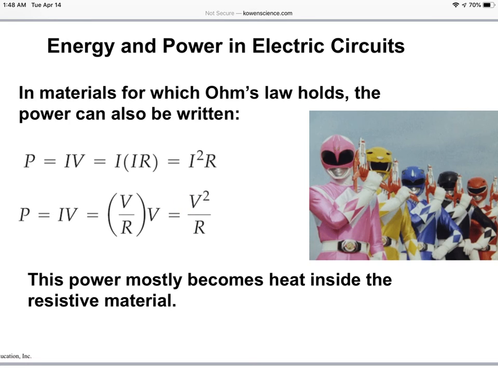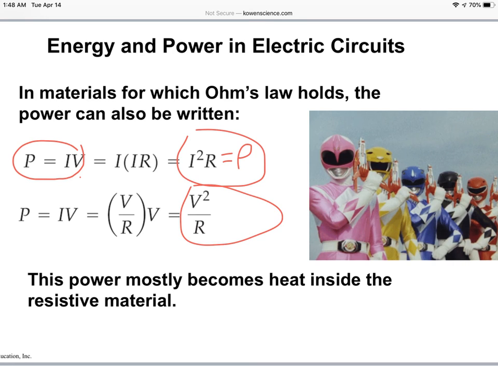So three equations that I would have you write down on your chart would be right here, power equals current times voltage, and then right here, power equals current squared times resistance, and then this one right here, power equals voltage squared divided by resistance.